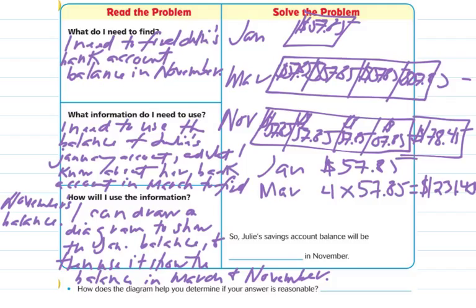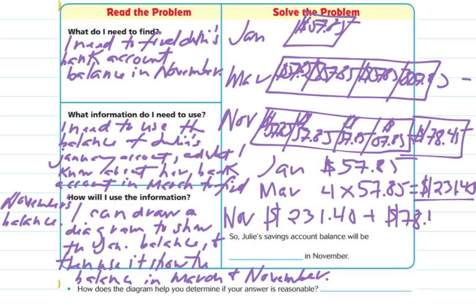And then we have the November balance, which we start with our benchmark number here, $231.40 plus the $78.45, which ends us up with $309.85. So Julie's savings account balance will be $309.85 at the end of November.